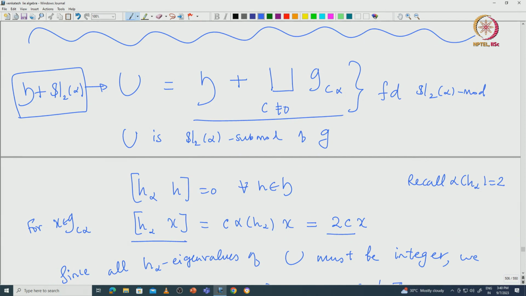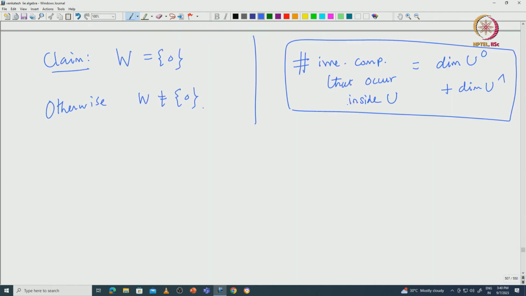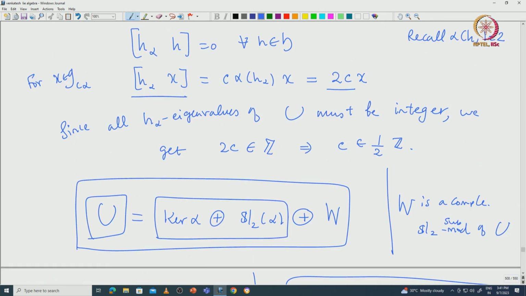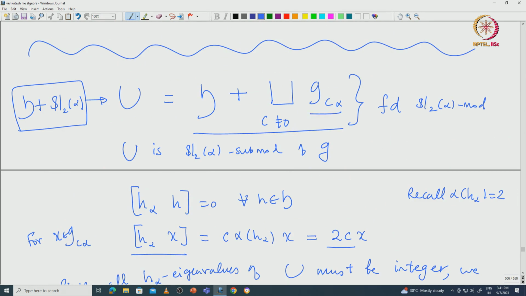If we take U 0, which is the 0th eigenspace, that is going to be equal to H, because H is a subset of U 0, since H alpha acts on H by 0 for all H in H. So, we can see whether there is anything left. If at all, it should come from G C alpha.